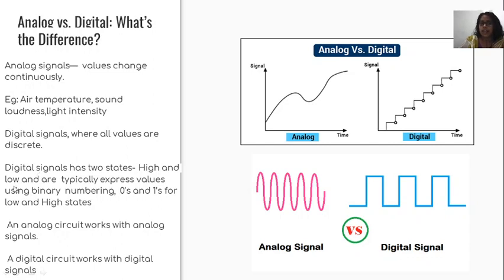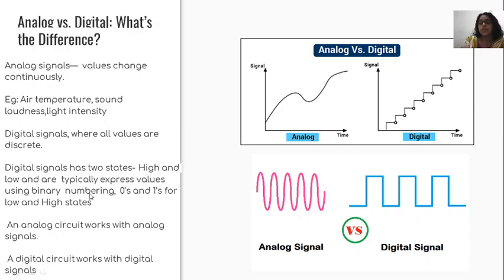Usually, high is represented by the binary number 1 and low by the binary number 0. You all know the number system where a binary number has only two values, 0 and 1. This binary number is used for representing a digital signal.